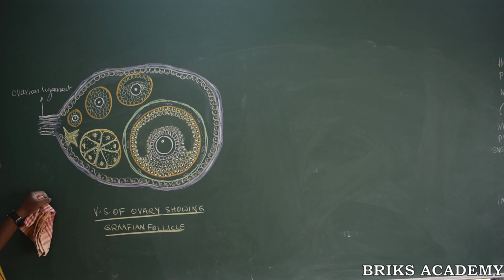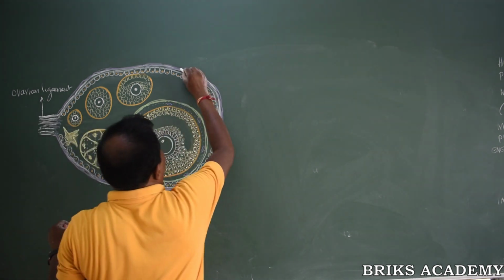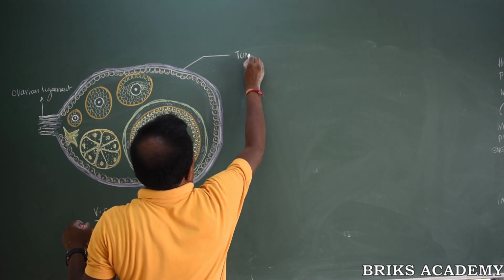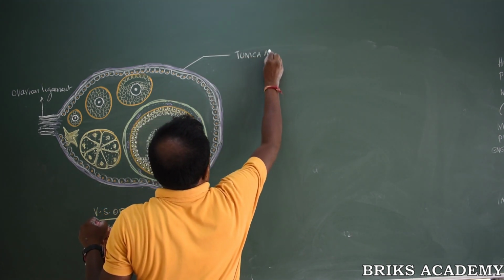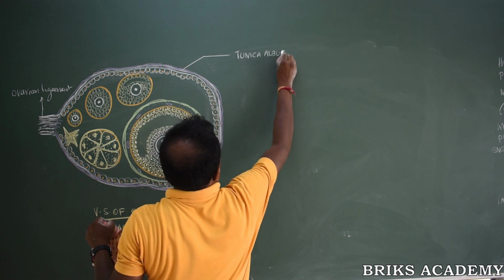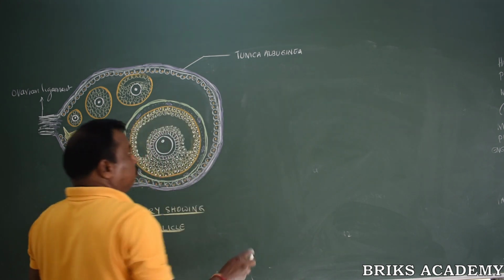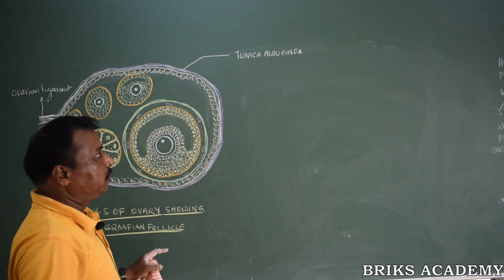Now the ovary is generally protected by an outer covering called the tunica albuginea. Below it is a fibrous connective tissue layer.